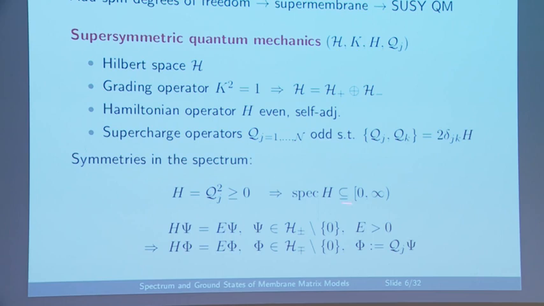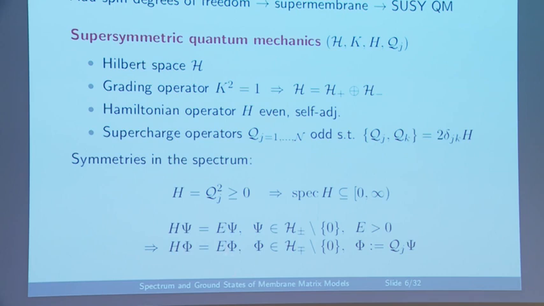So the spectrum of the Hamiltonian has to be on the positive real line. Then there is a pairing between the eigenstates of the Hamiltonian. If you have an eigenstate with a positive energy, you can use this splitting. So say you have an even state with positive energy. Then by acting on it with the supercharge, we get to the odd sector, so you would have an eigenstate with the same eigenvalue E on that sector.